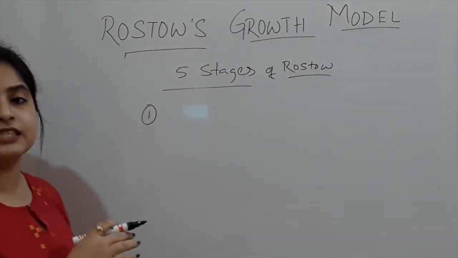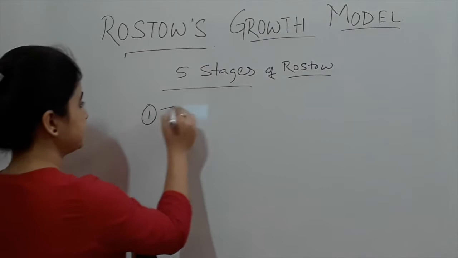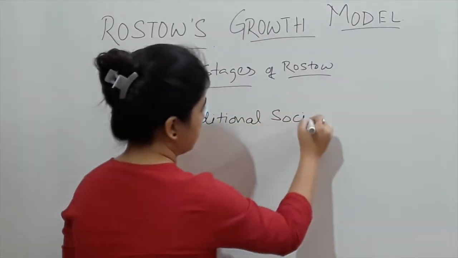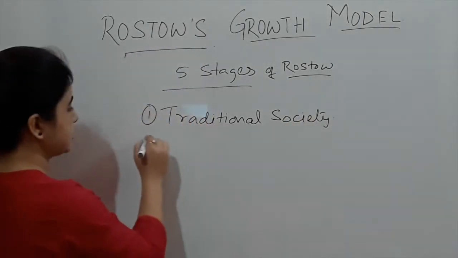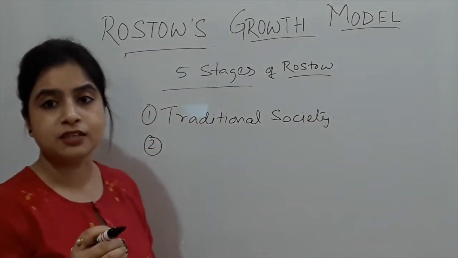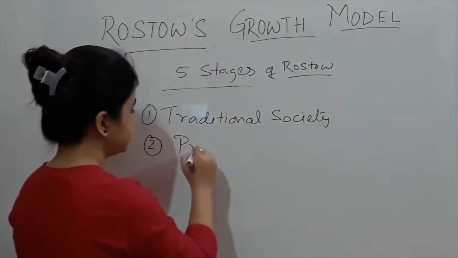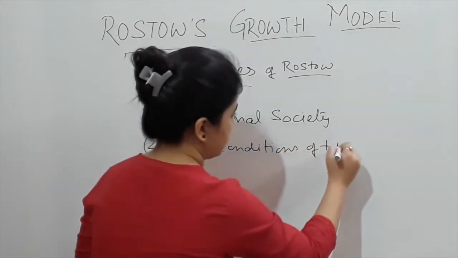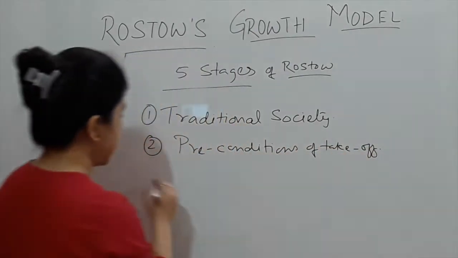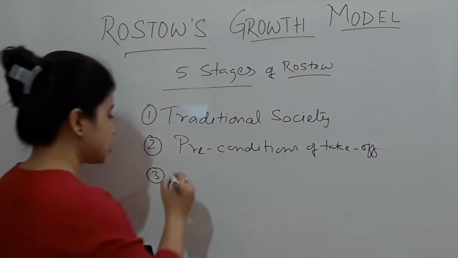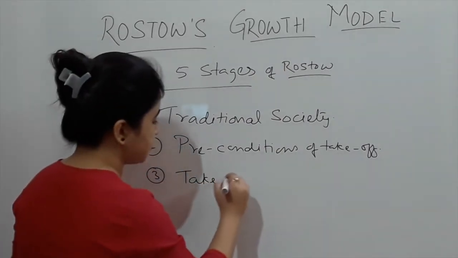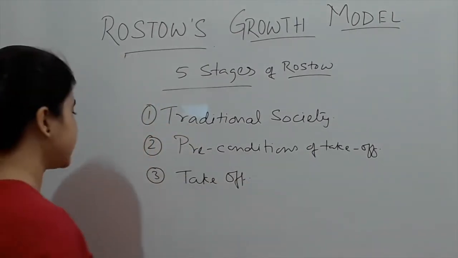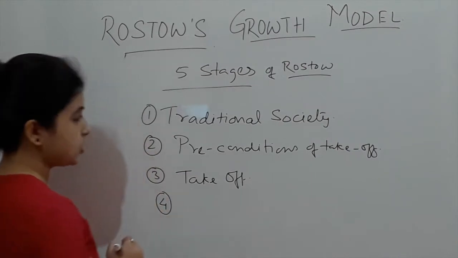Number 1 stage is the traditional society. Number 2 is the preconditions of takeoff. Number 3 is the takeoff stage. This takeoff stage is really important, as it was mentioned by Rostow himself, and it is one of the important stages of the 5.